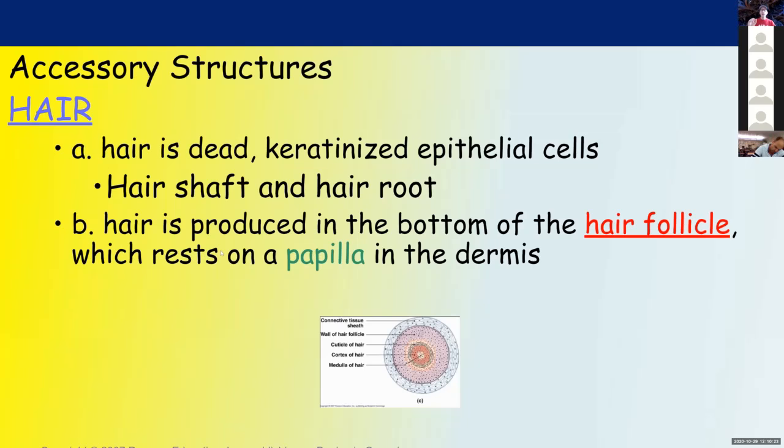And so the hair that's growing is actually produced at the very bottom of the hair follicle. And it's right on the spot which we call the papilla. And remember, a papilla is like a little bump.